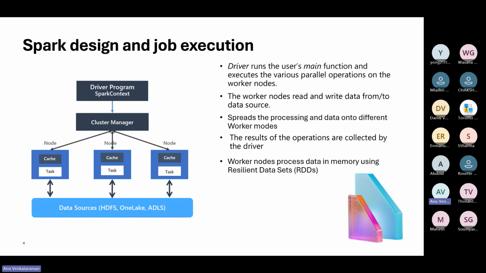Your driver's job is just to prepare the logical plan and talk to the resource manager to launch the resources for the tasks to run. The executors run on the worker nodes, and once they have the results, they return them to the driver. So the driver and executor both are JVM processes.